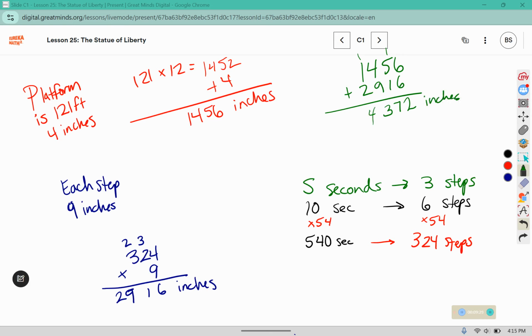And that is measured in inches. If I wanted to turn it back into feet, I would need to divide that by 12. And that comes out to a little over 364 feet.